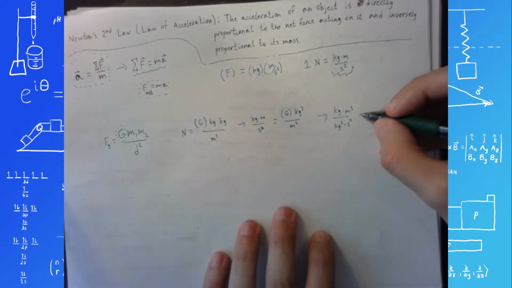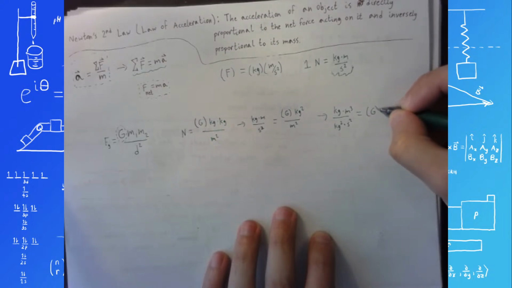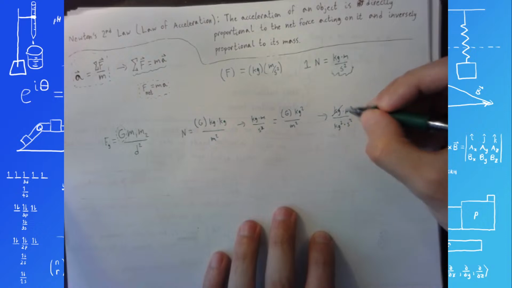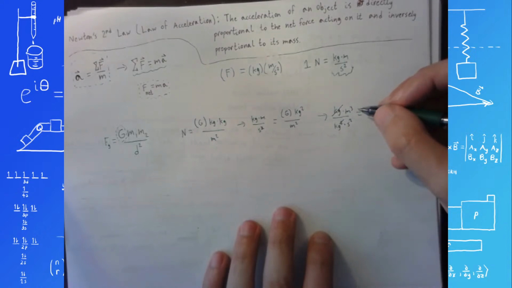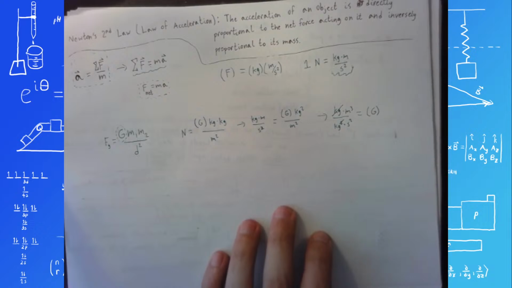Equals whatever the units of G are supposed to be, and then you can cancel one power of kilograms from the top and bottom, and you get cubic meters per kilogram second squared.